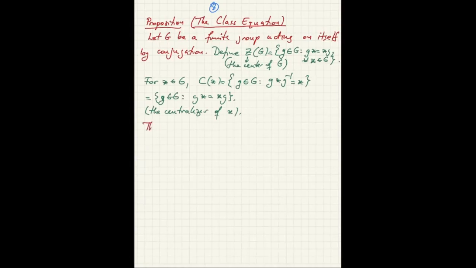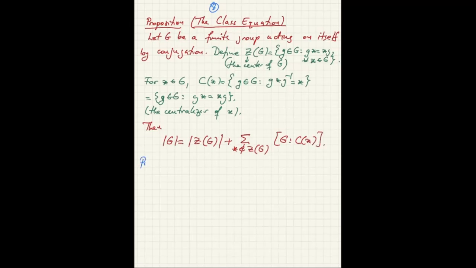Okay, then the class equation states that the cardinality of G equals the cardinality of its center, Z of G, plus the summation over all x not in the center of the index of the centralizer of x.